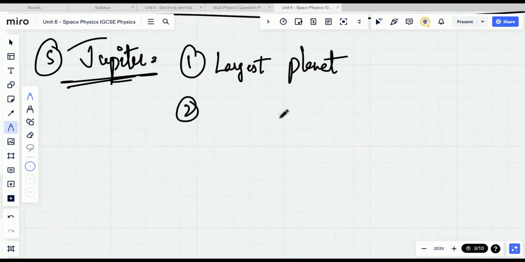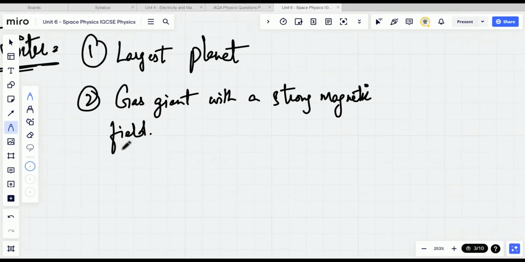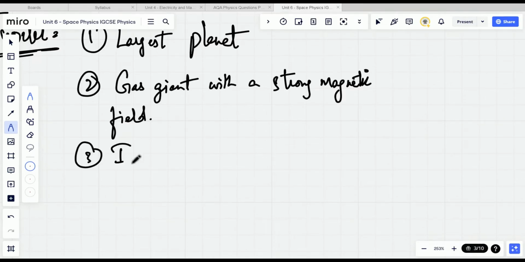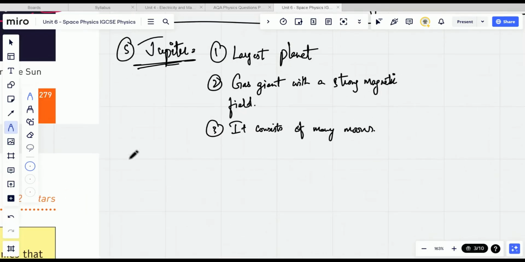Okay, it's the largest gas giant with a strong magnetic field. It consists of many moons, and I guess that's it. I won't go into detail of the moons. It has the giant moon as well, like the largest moon is also found in Jupiter.